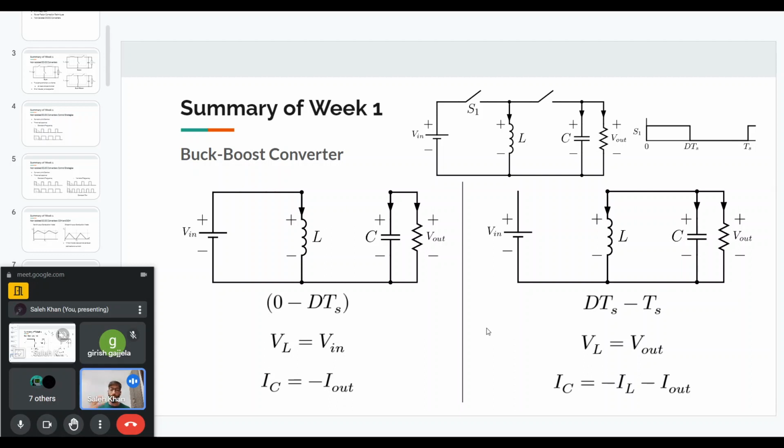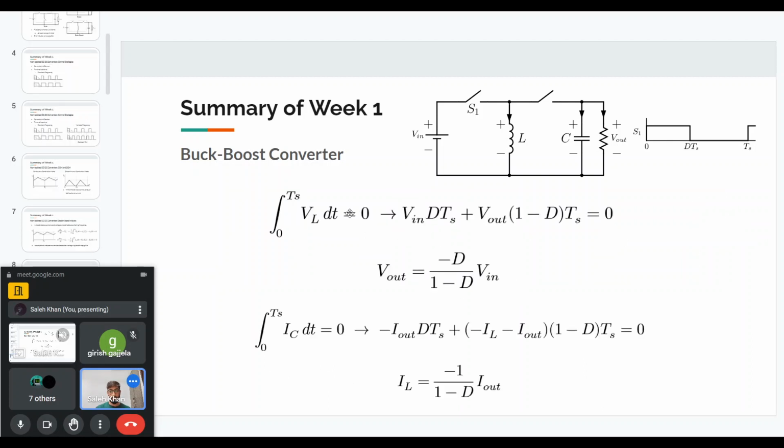So now I will use my volt-second balance equation and current or charge balance equation, and I will find out the average output voltage and average inductor current. If I use the inductor volt-second balance equation, the integral of the voltage across the inductor from 0 to Ts should be 0.